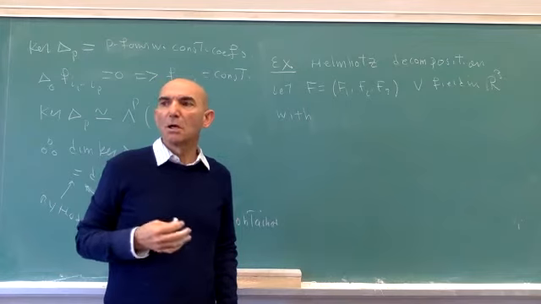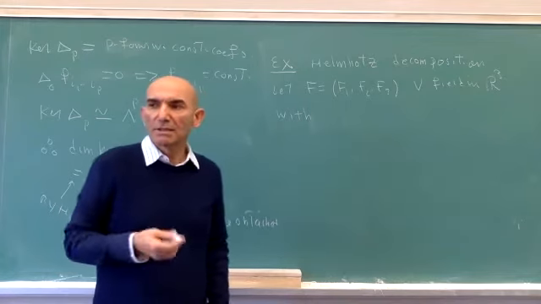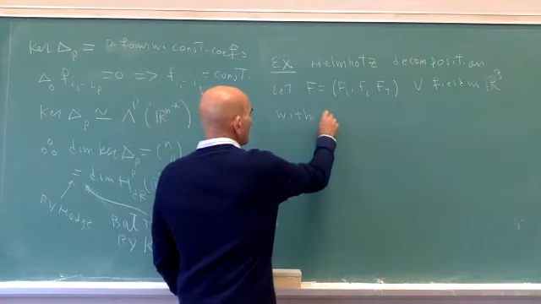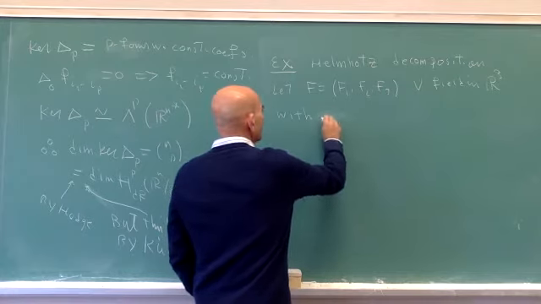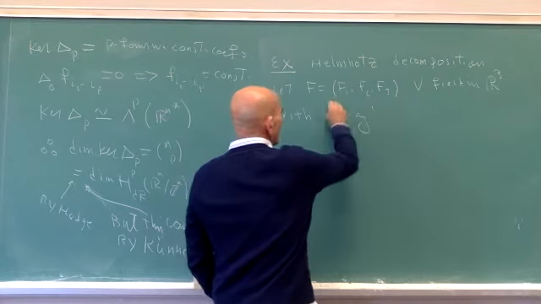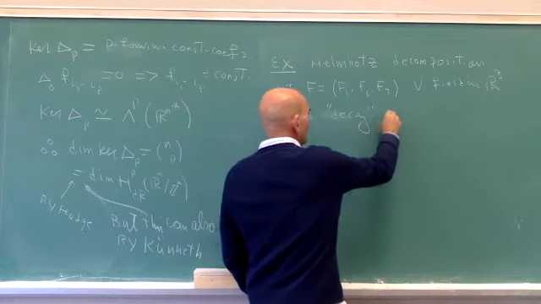It's just like 1 over distance squared or something like that. I can derive it, but I don't need it. With some decay, I won't tell you exactly how much decay, but anyway, with decay at infinity.